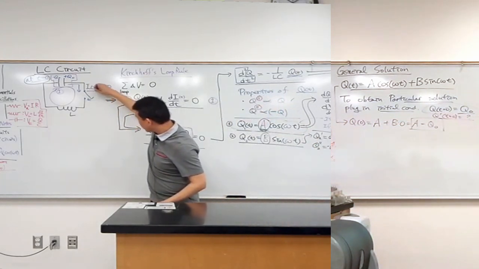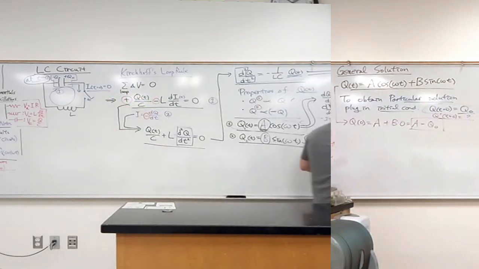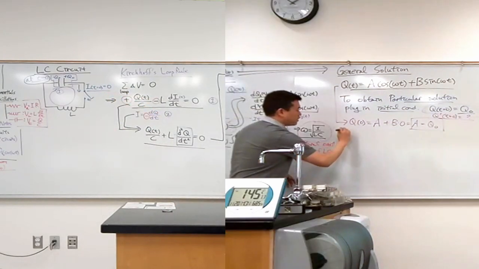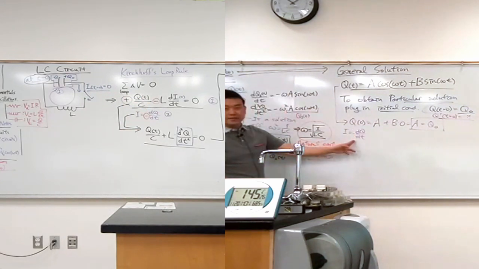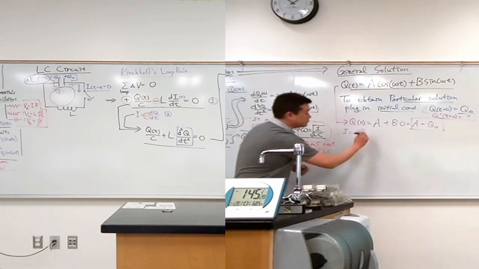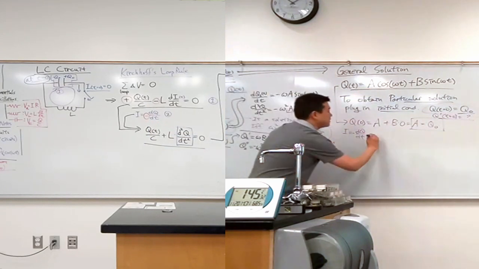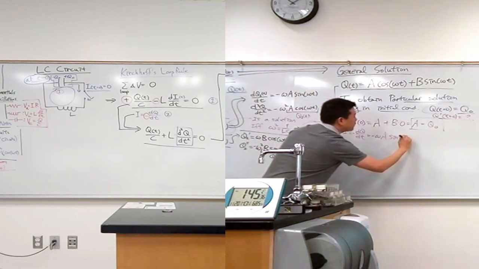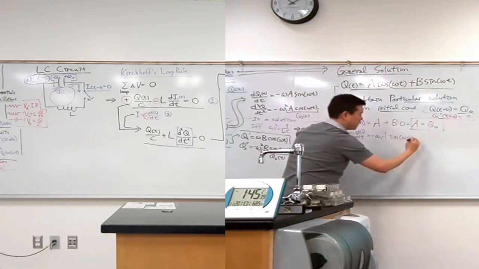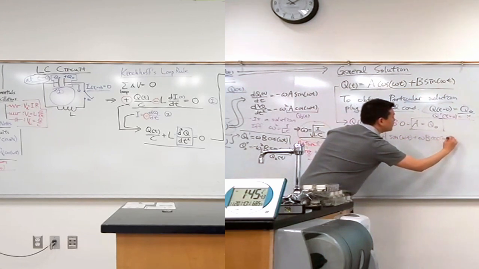And yes, we do know the current at time equals 0. So plug that in. Current I would be minus dQ/dt. Let's just take the derivative of this in our head. That's minus omega A sine of omega t plus omega B cosine of omega t.